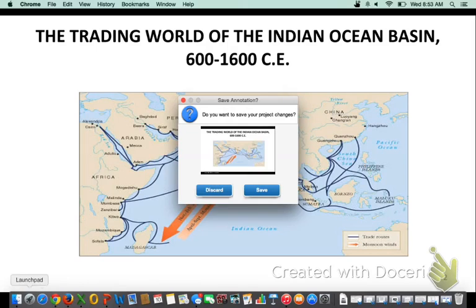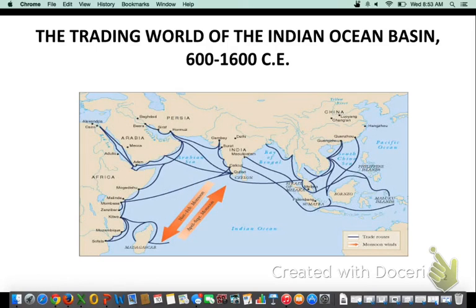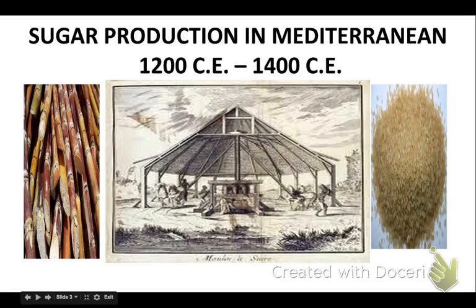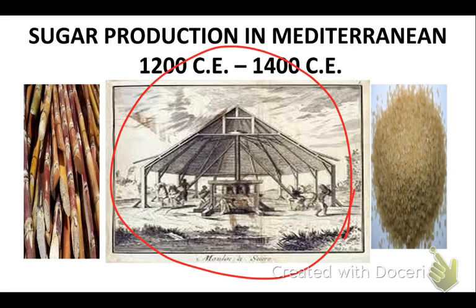and move into the Mediterranean basin. So in the Mediterranean basin, right, we have sugar production. What they were doing, in the center of this image, you can see a mill, right?